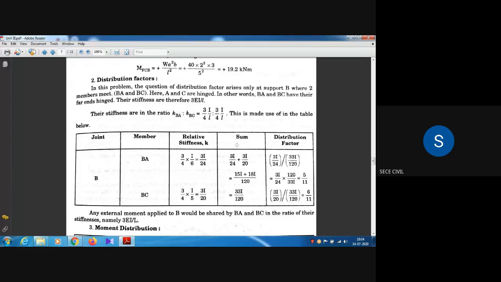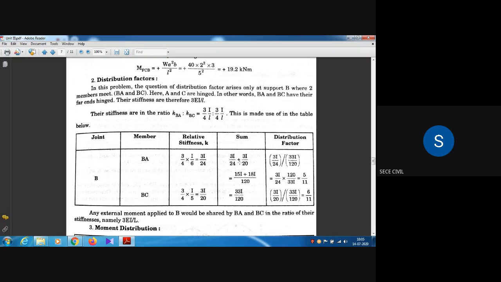Next, we are summing these relative stiffnesses for joint B. In joint B, we have members BA and BC. We calculated stiffness individually for span BA and span BC, but we need to know the stiffness of joint B. So for that, we have to sum both stiffnesses. The stiffness of BA is 3I by 24, and the stiffness of BC is 3I by 20.